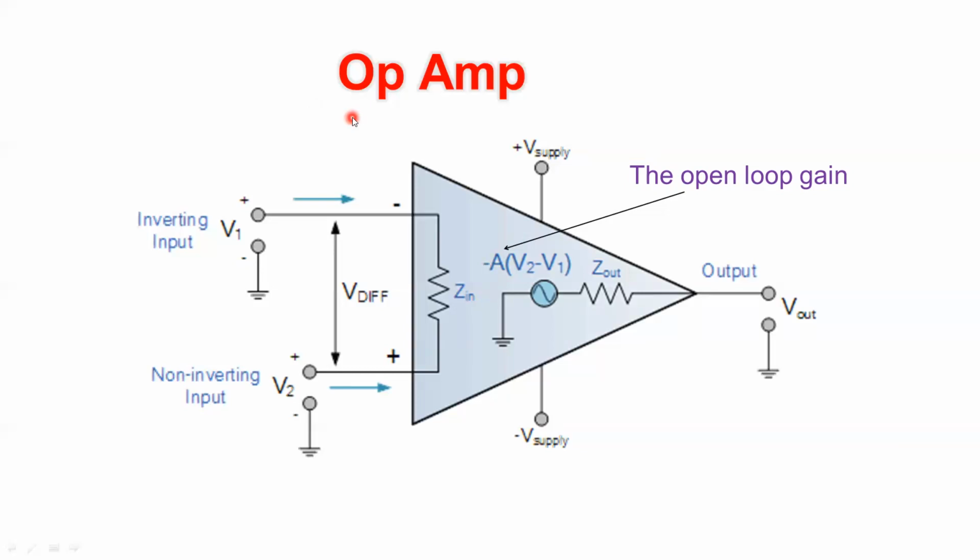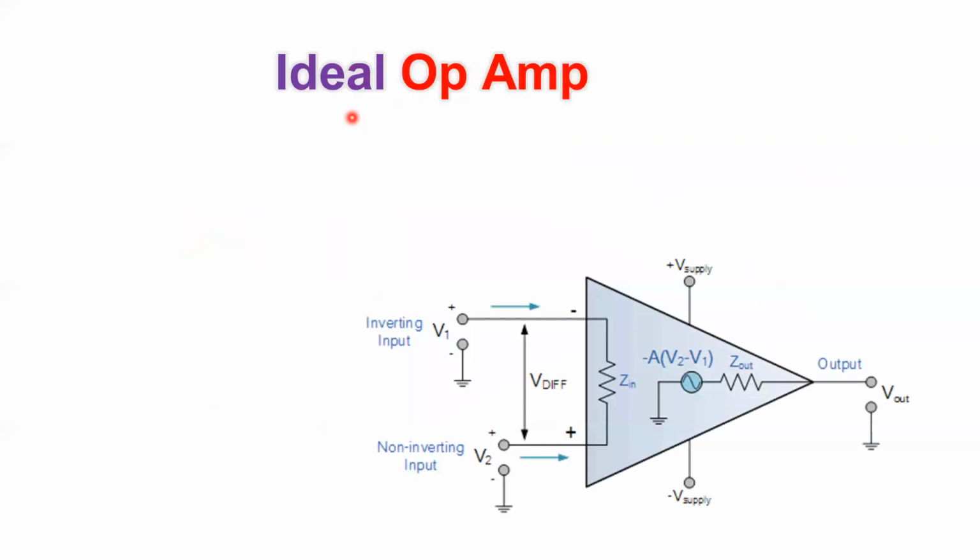But in order to make the analysis of this operational amplifier simpler, we can deal with what's called the ideal operational amplifier. Let me say that in 99% of our cases in our module, we will use an ideal operational amplifier, not a real one, just to make the mathematical calculation easy.